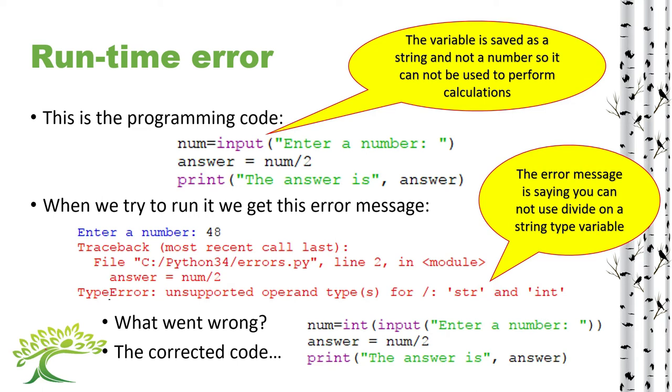Now the way we fix that is when the user enters the value, we use the int function with an open and a closed bracket. And what this will do is it will take whatever's between those brackets and turn it into an integer. And then that means that when Python allocates the variable here, it'll be an integer variable, and therefore we can divide it by 2, and the code will work as required.